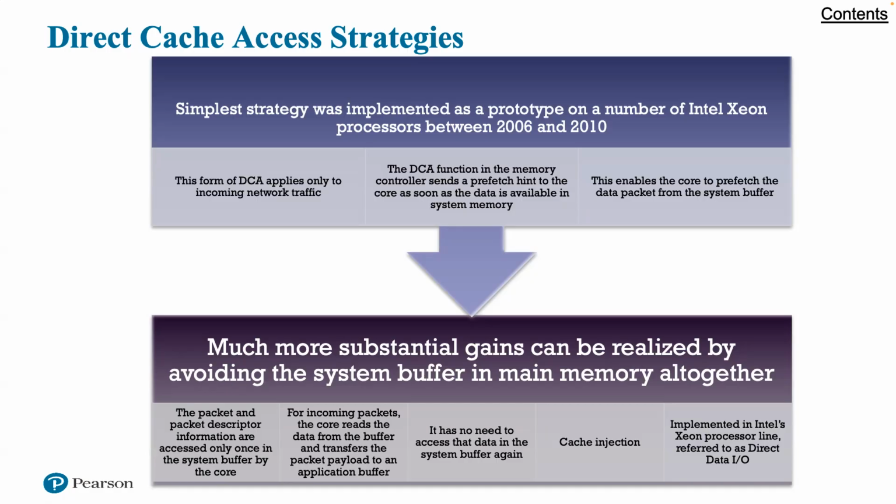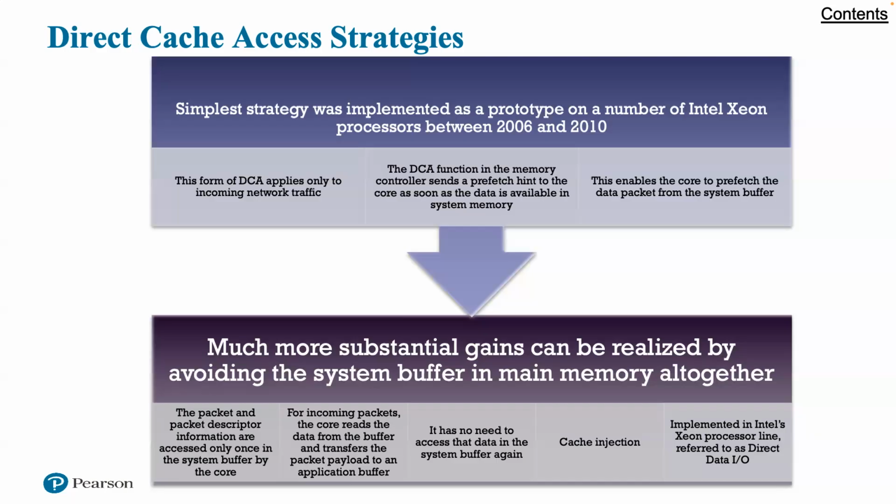While this simple form of DCA does provide some improvement, much more substantial gain can be realized by avoiding the system buffer and main memory altogether. For this specific function of protocol processing, note that the packet and packet descriptor information are accessed only once in the system buffer by the core.